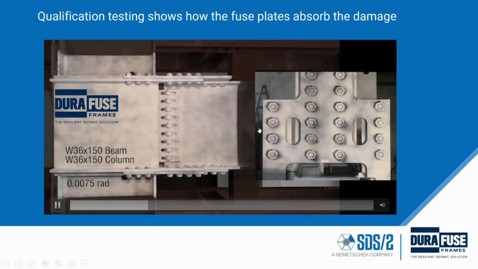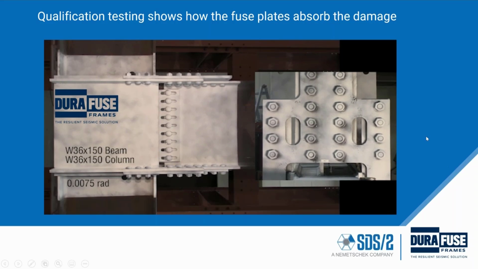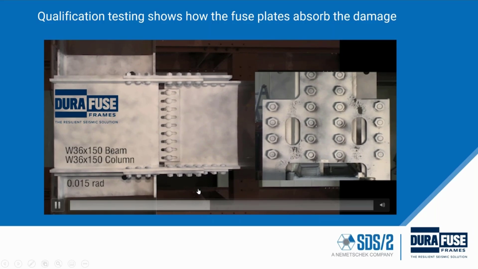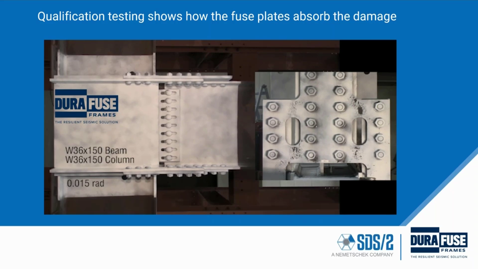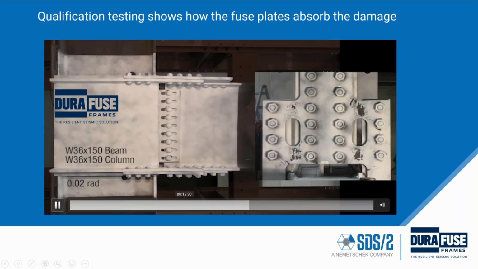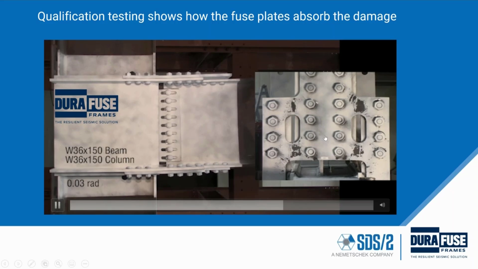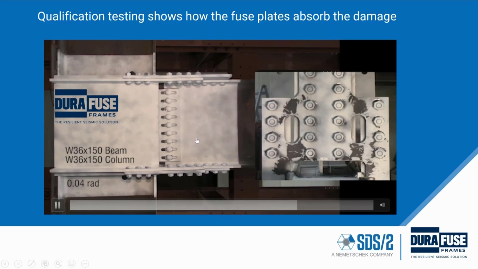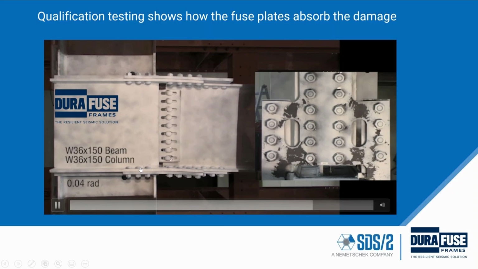There's an actuator at the end of this beam that's pulling up and down, and that's imposing deformations on the joint that represent what happens when a building sways back and forth during an earthquake. This camera view is showing the fuse plate, so you're looking up at the bottom and seeing the fuse deform from the view of the fuse plate and the side view at the same time. I'll run through this whole clip again.